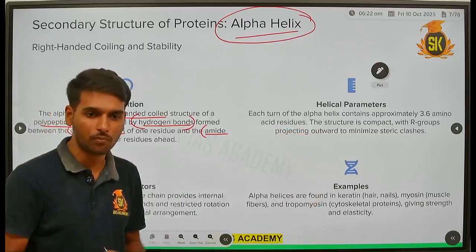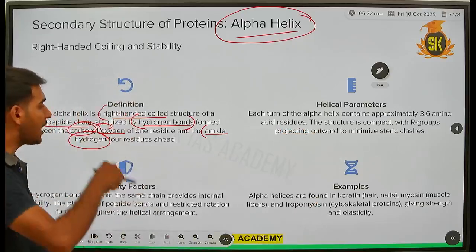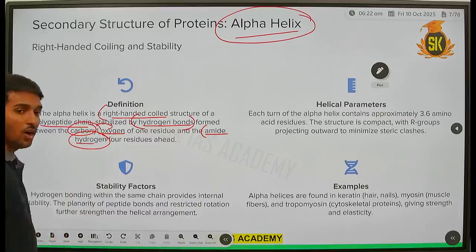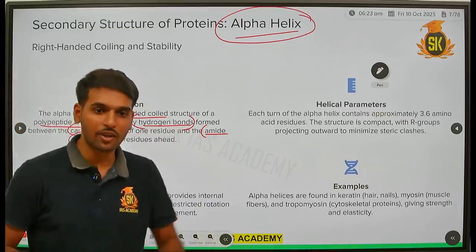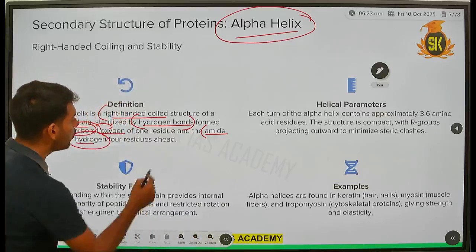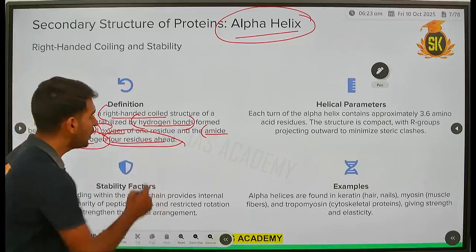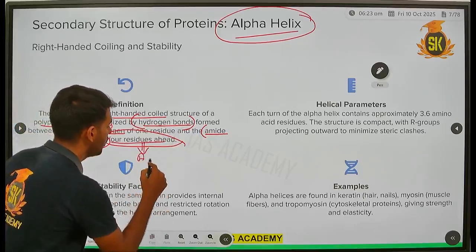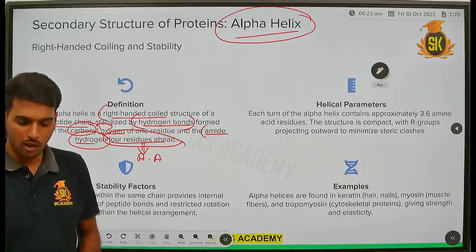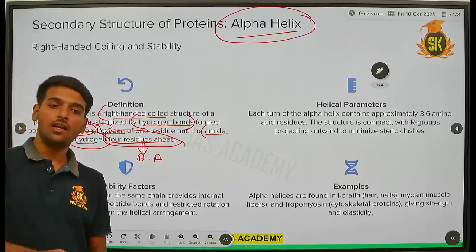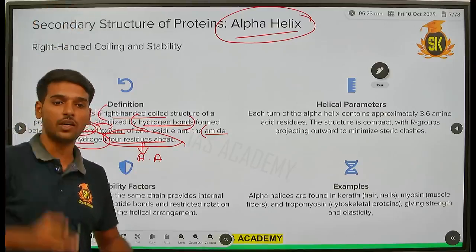Okay, in that one oxygen is attracted to the hydrogen of the amide group NH2, not the adjacent amide group, but the amide group four residues ahead. Residue means amino acid. So oxygen of a carbonyl group will attract to the hydrogen of the amide group which is 4 amino acids before. That is what it means.